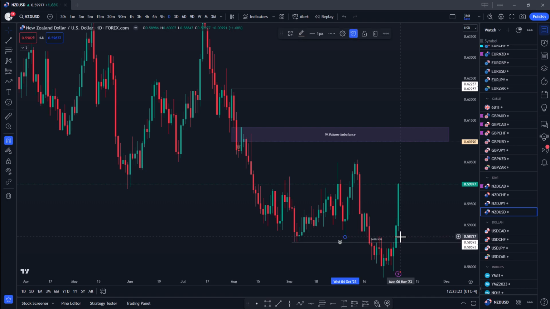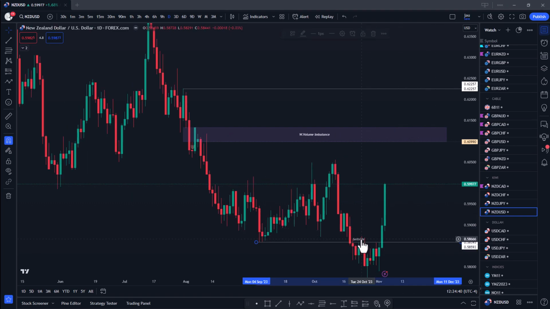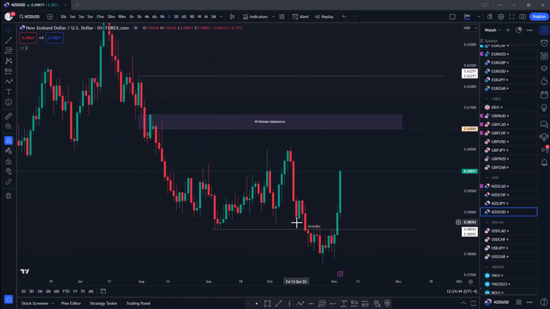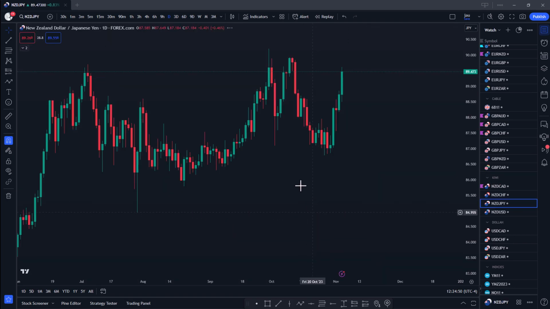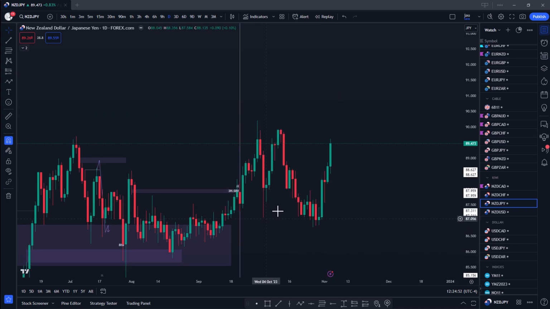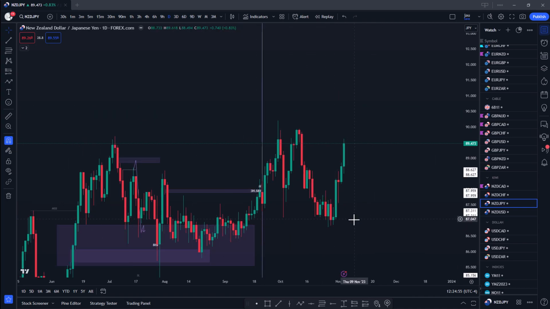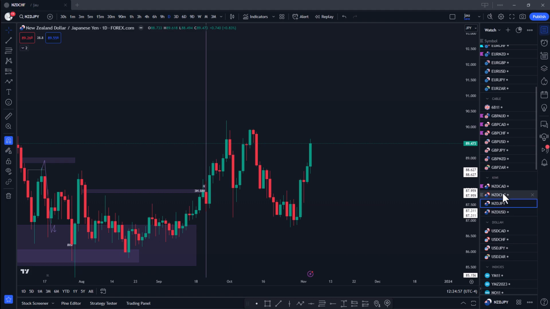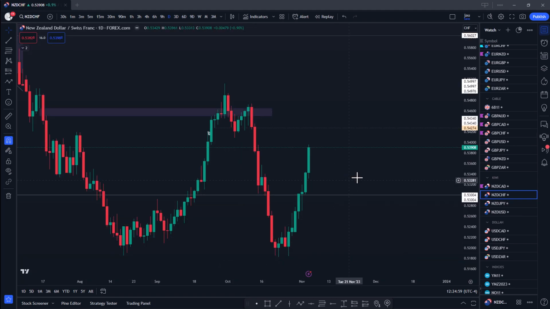I'm just not going to be putting most of my attention on any pair with the dollar on it. So we can see that we swept the sell side that we were looking at in the previous weeks on the NZDUSD, NZDJPY. We can also see sort of the same reaction, a sweep of liquidity and an expansion to the opposite direction. We also have the same on NZDCHF.